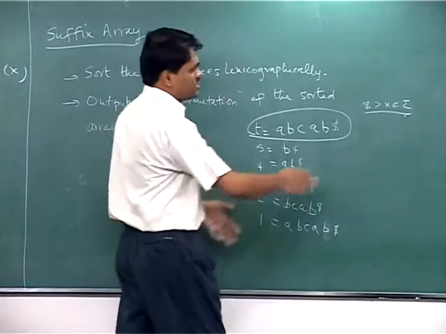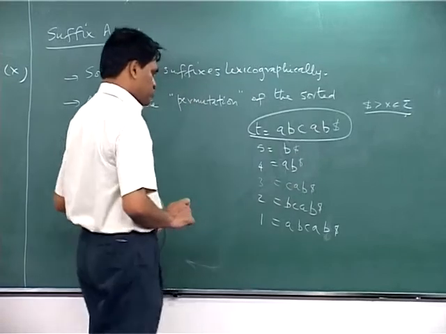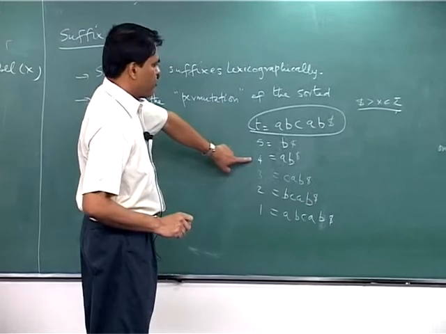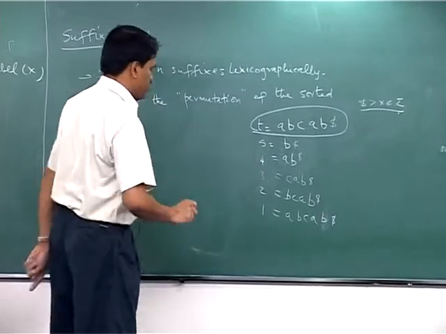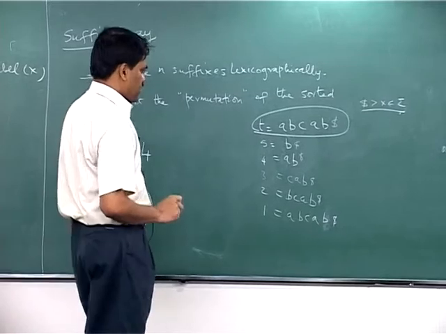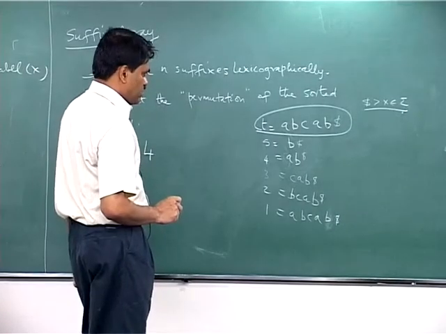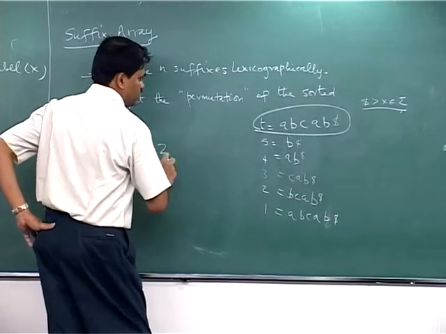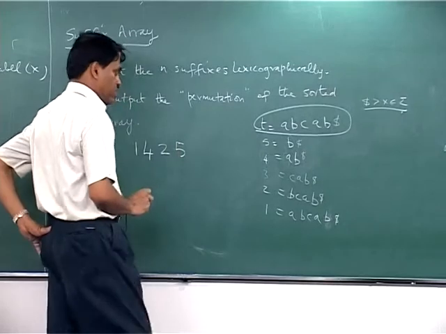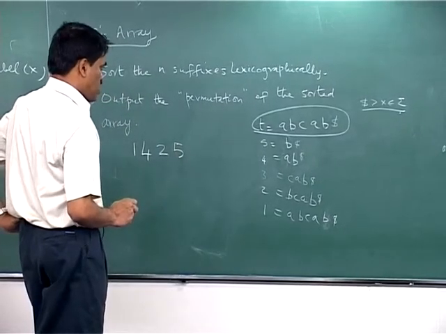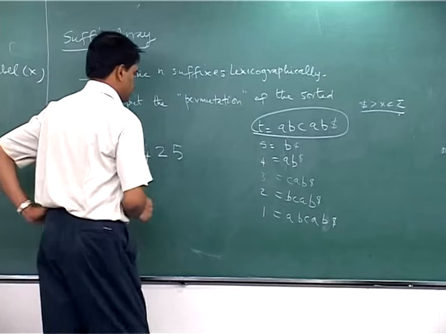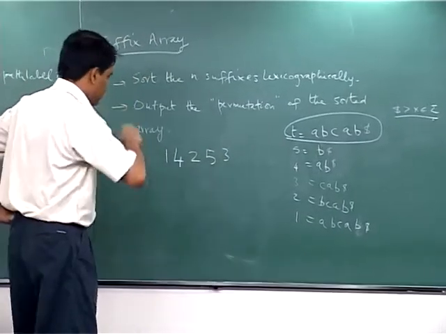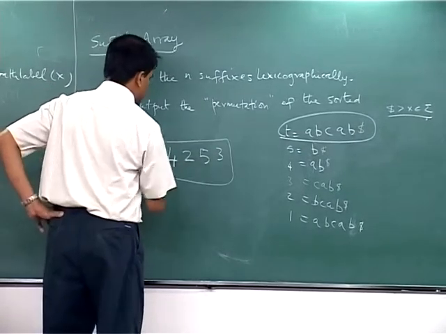Some convention we can assume about this dollar symbol anyway. So I will have 1, then would be 4, because that is another one starting in A, AB. The next one starting in B is 2, and then I will have 5 and 3. Okay, and this is my suffix array.